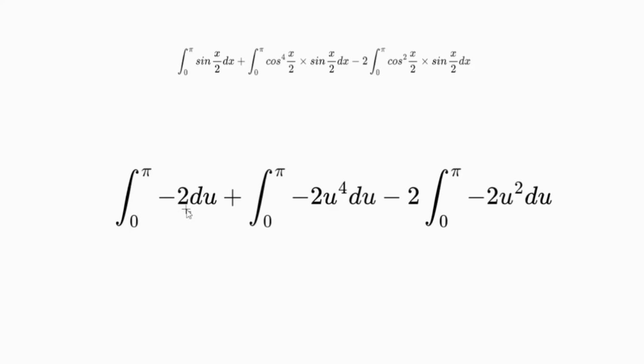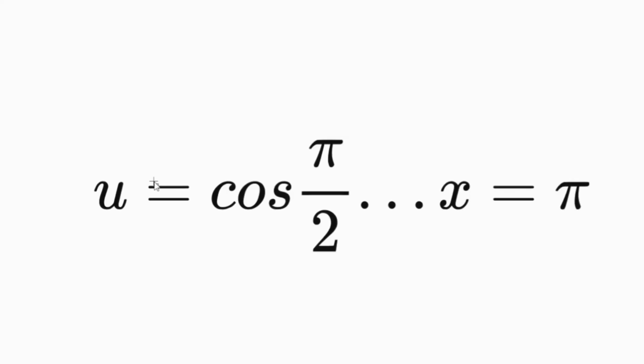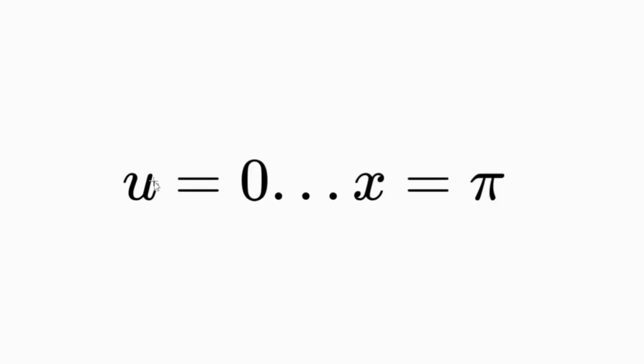the integral of minus 2 du, plus the integral of minus 2 u^4 du, minus 2 times the integral of minus 2 u square du. And as you can see, we have to change the limits. As we have already supposed that u is equal to cos x by 2, by putting x equal to pi, we will get cos pi by 2, which is equal to 0.